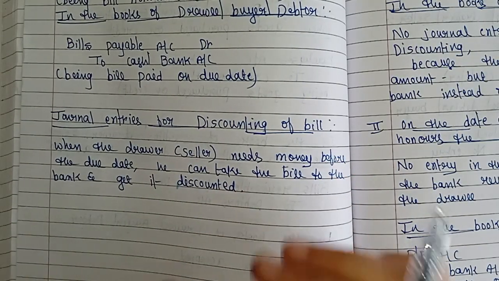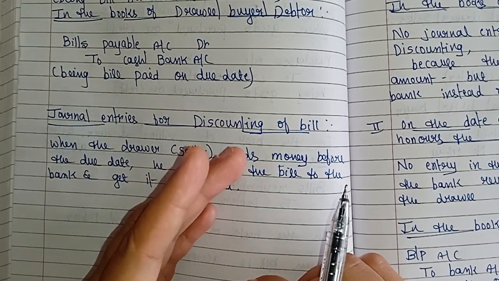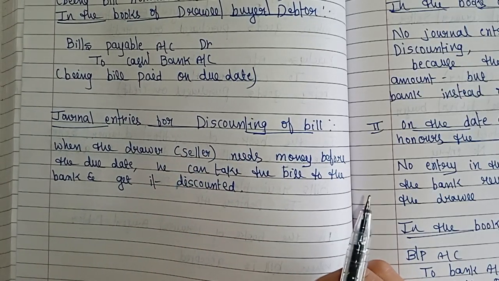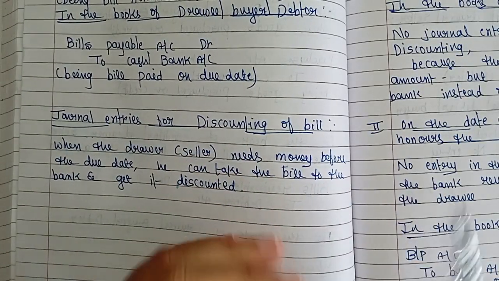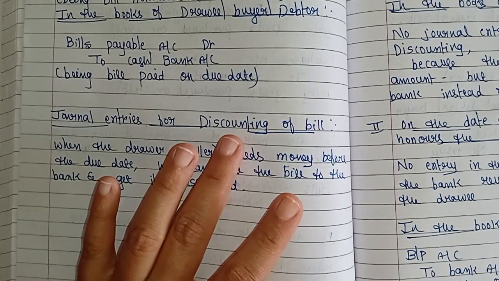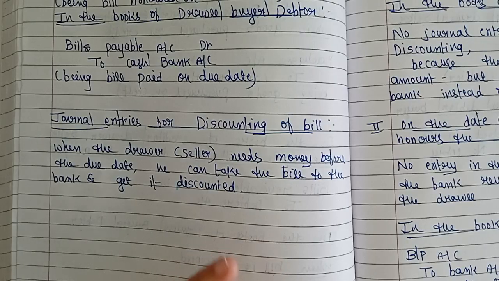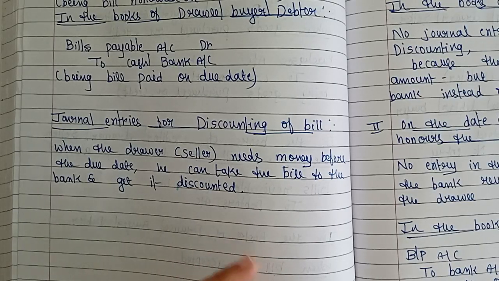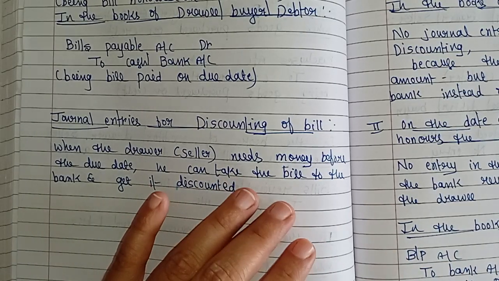The drawer receives money early but with discount, and the bank will collect the full amount from the drawee on the due date. I clearly explained this term in my last video. Please watch that class first and proceed with this one.